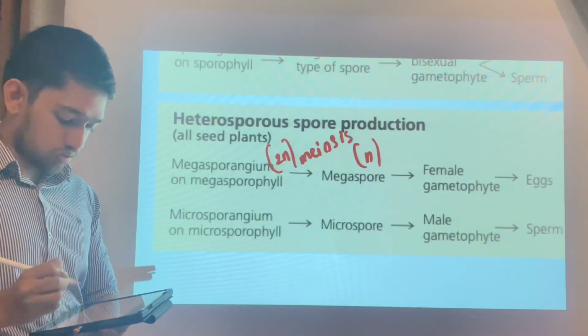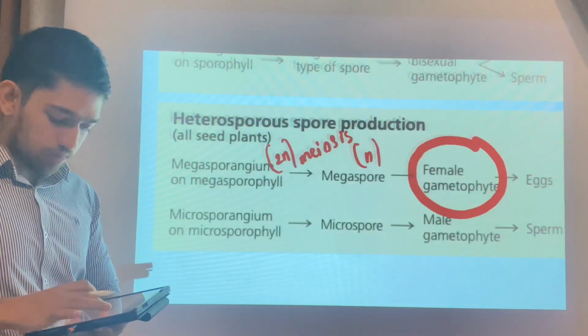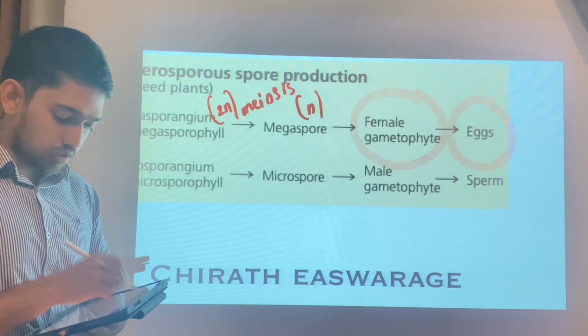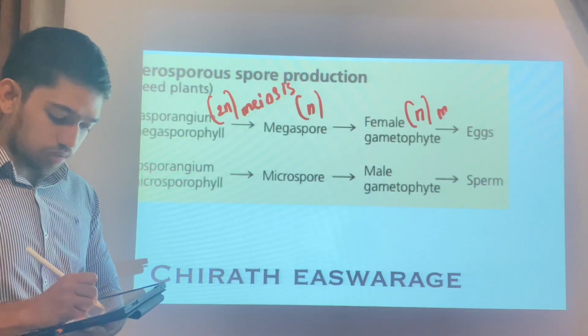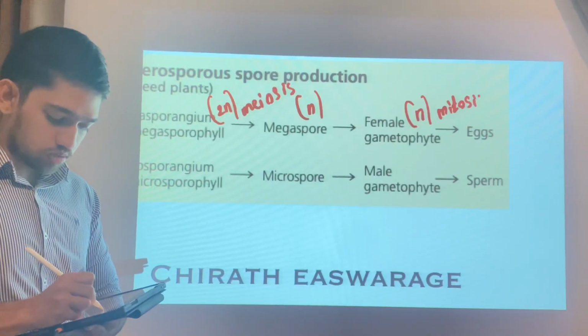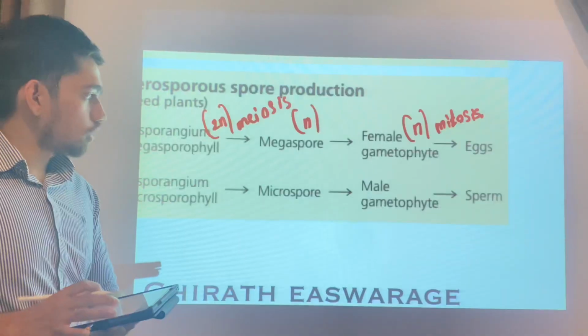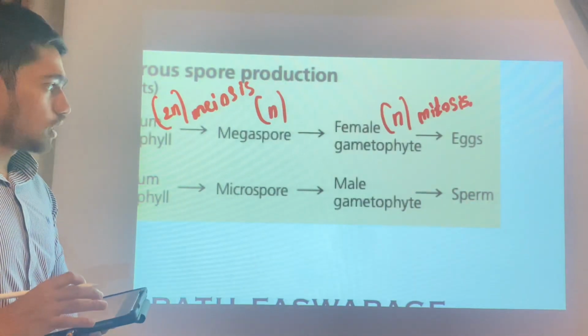The megaspore gives rise to the female gametophyte, and the female gametophyte will produce eggs by what cell division? Because the female gametophyte is already haploid, it can produce eggs by mitosis. It's the same story for the microspore.